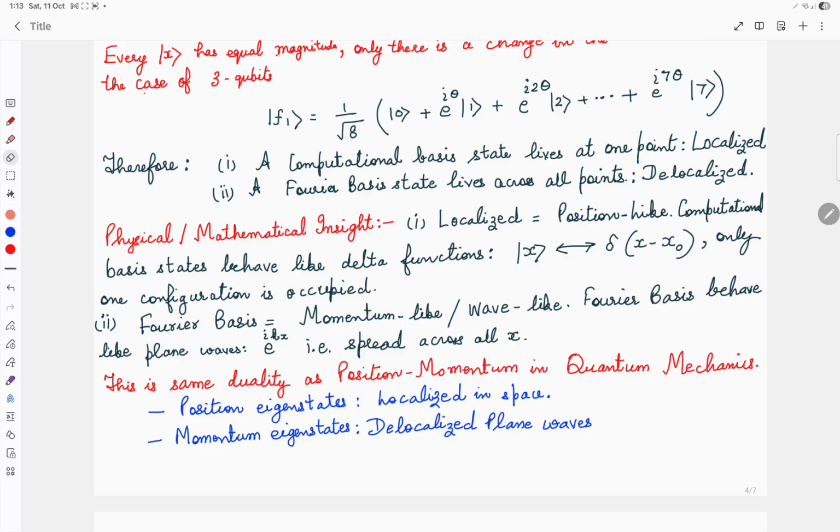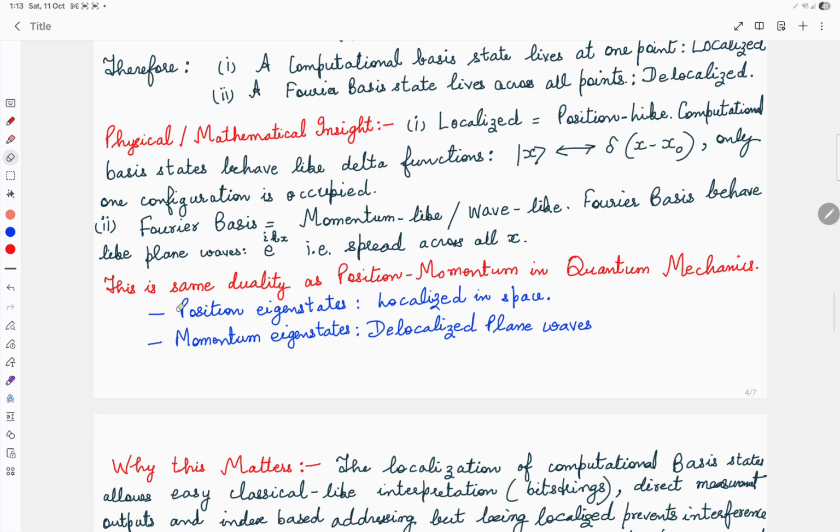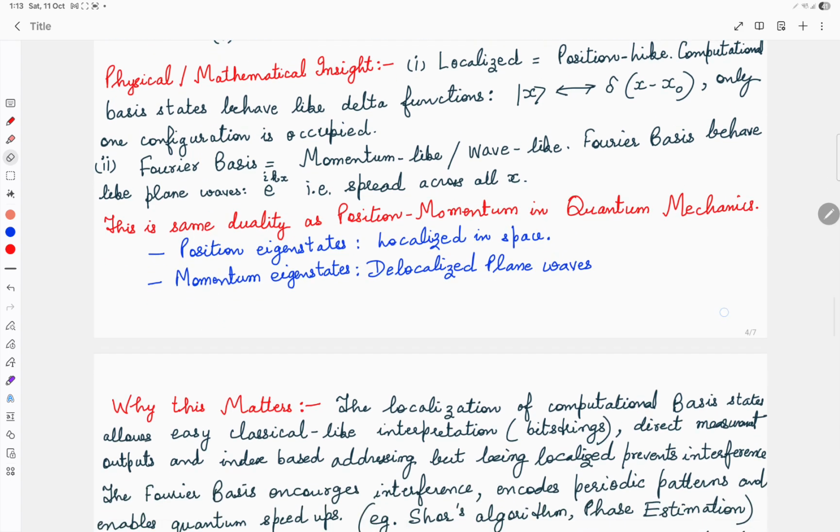The Fourier basis behaves like plane waves, e to the power iota kx, spread across all x. So this is the same duality as position and momentum in quantum mechanics. What is the duality here? It is the position eigenstates which are localized, or the momentum eigenstates which are delocalized, and these are plane waves.